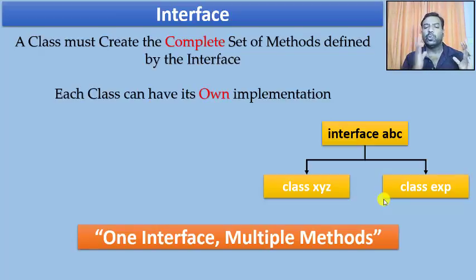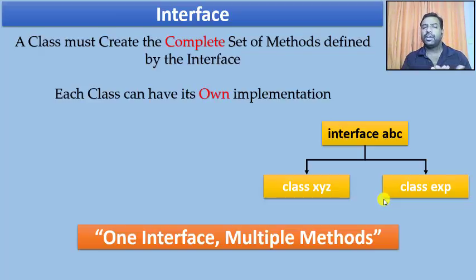Fine. That is one interface, and we are going to have multiple methods. This is what was happening with the abstract class too. In an abstract class and abstract method, I had one method definition and multiple different bodies for this same method. That is one method, multiple definitions. Hence, one interface, multiple methods.